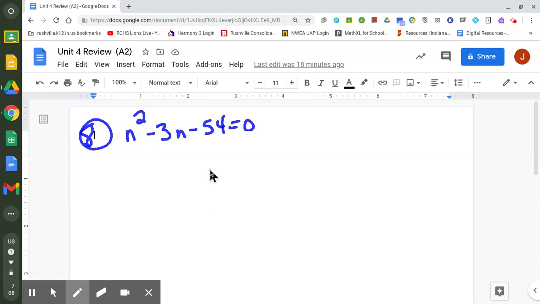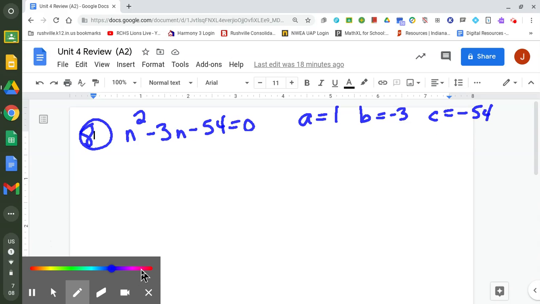So on number 8, though, it asks you to solve this equation using the quadratic formula. So my a is 1, b is negative 3, and c is negative 54.